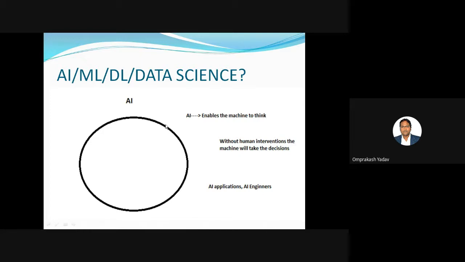If I describe it with the help of a Venn diagram, this is a big circle, which is my AI application, and my main motto will be that the machine should think like a human being. It must behave like a human being. All the decisions should be taken by itself only. We normally hear the terms AI application or AI engineers.